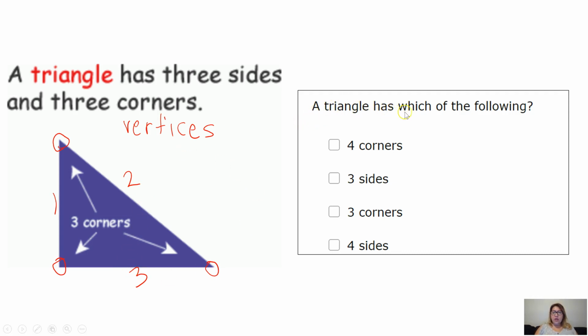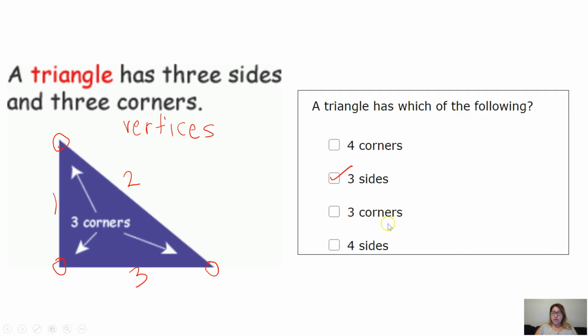A triangle has which of the following? Does it have 4 corners or 4 vertices? Let's check. 1, 2, 3. No, it does not. Does it have 3 sides? Well, let's check. 1, 2, 3. Yes, it does have 3 sides. Now let's check to see if it has 3 corners.